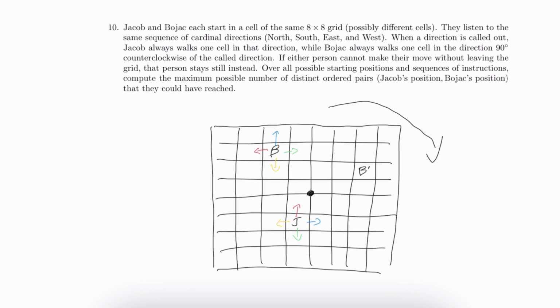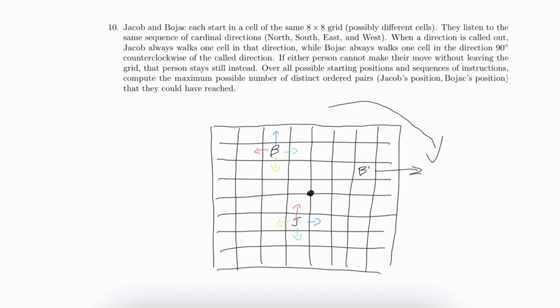And then while we're still rotating his entire frame of reference, that means his cardinal directions will also be rotated as well. So if let's imagine Bojack was just initially facing north, then when you rotate him, his north will be this way now, or east.